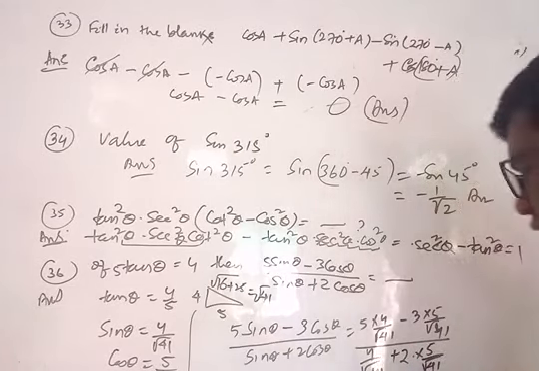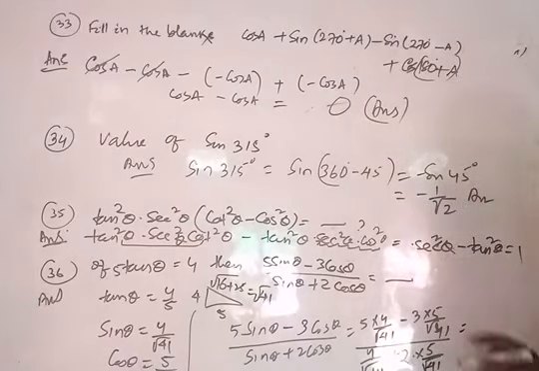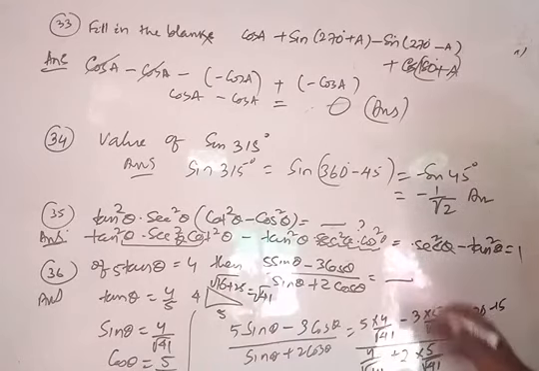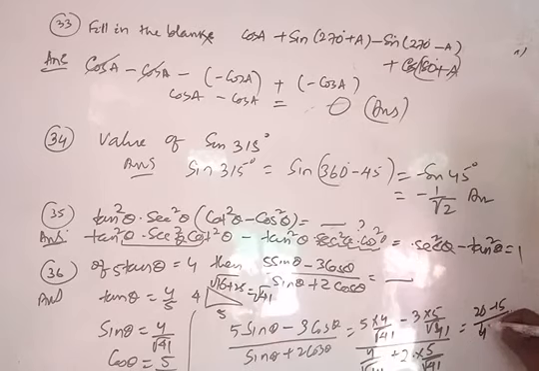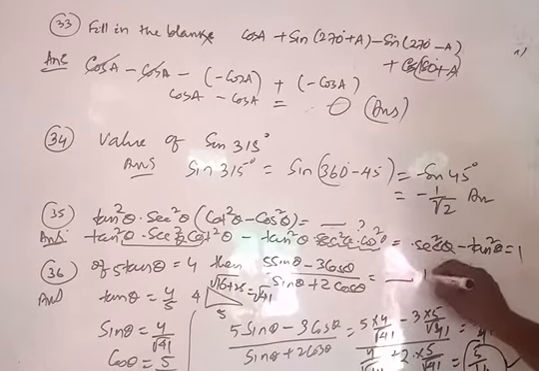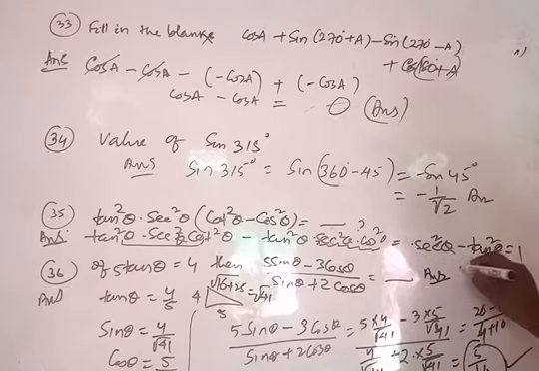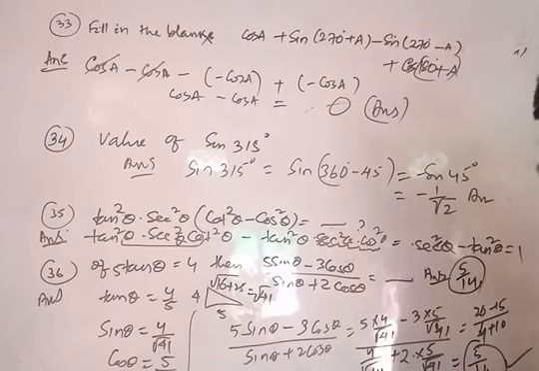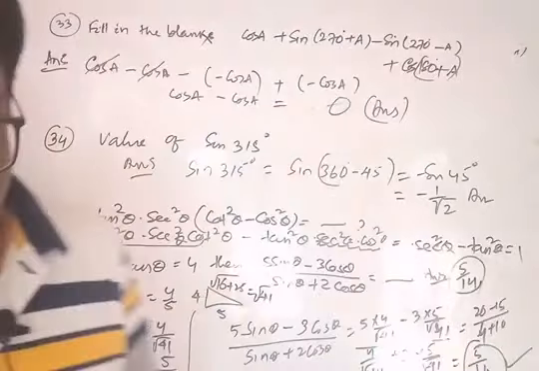Root over 41 goes cancel in numerator and denominator, so 20 minus 15 by 4 plus 10, which is 5 by 14. So the answer is 5 by 14.